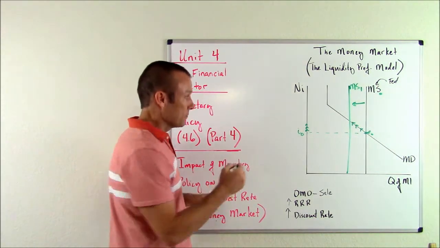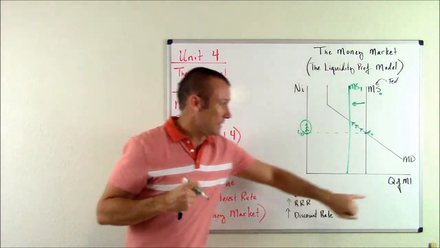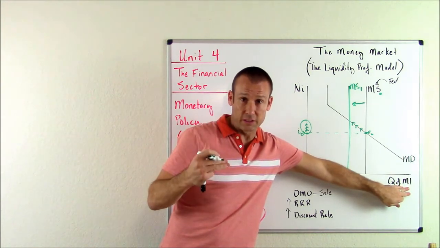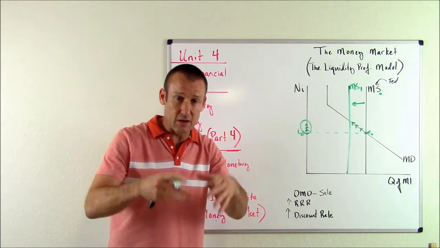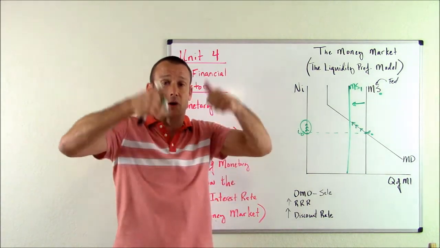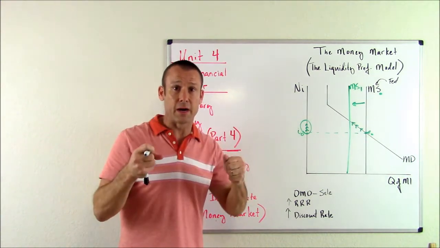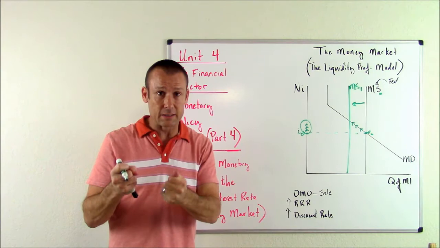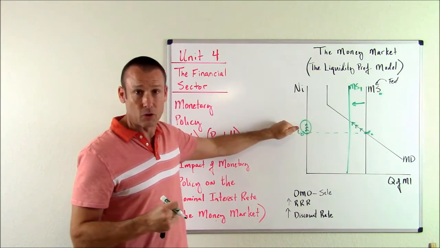Why is that? Because the cost of holding your financial wealth in liquid form, in M1 assets, which is currency in circulation and demand deposits, is going up, okay? Why? Because the opportunity cost is going up, right? When I hold my financial wealth in M1 assets, I am foregoing the nominal interest rate.